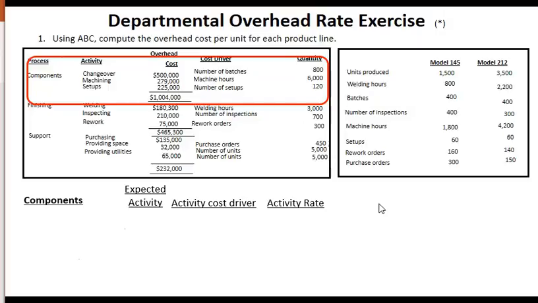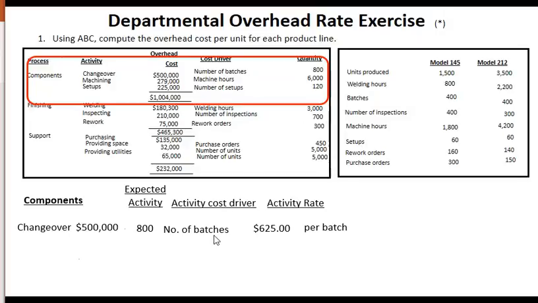Now we're going to take a look at the components. And what we're going to do in this case is take a look at changeover, and the changeover under components has a $500,000 overhead cost. Now we're expecting to have an activity level of 800 units, the number of batches. Our activity cost driver is going to be the number of batches.